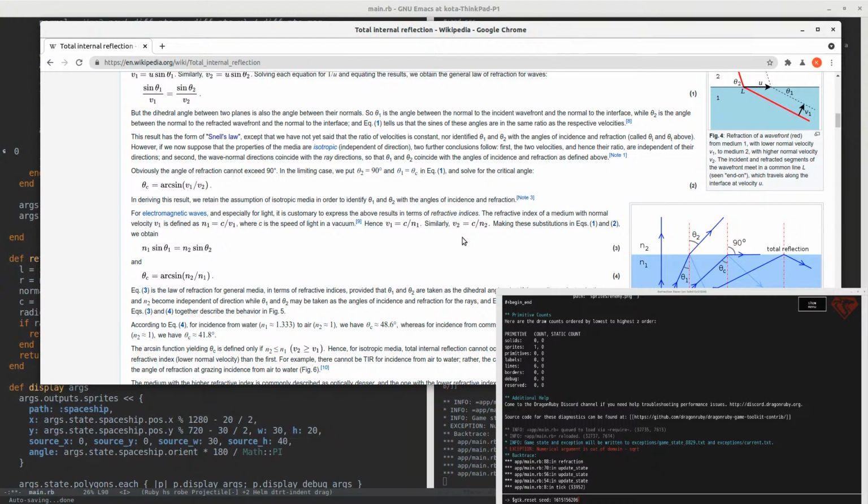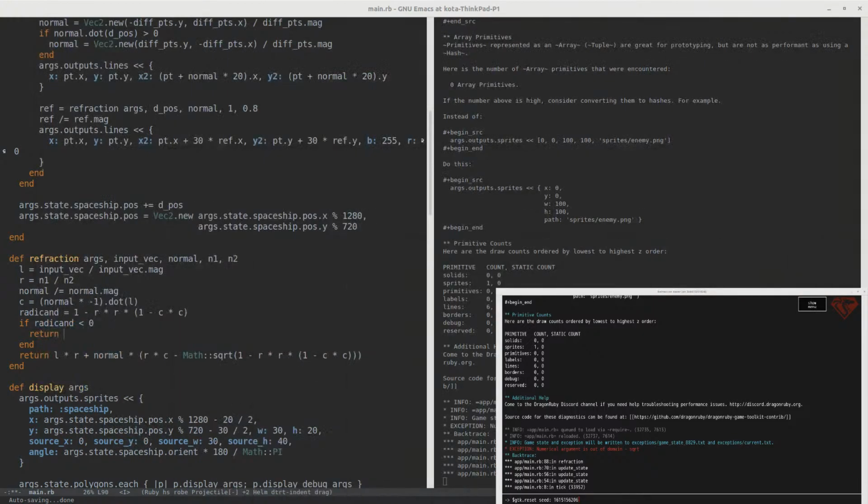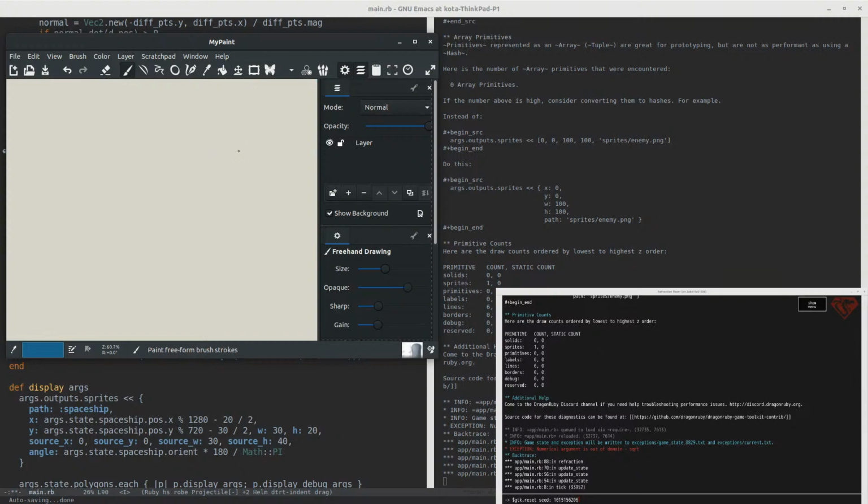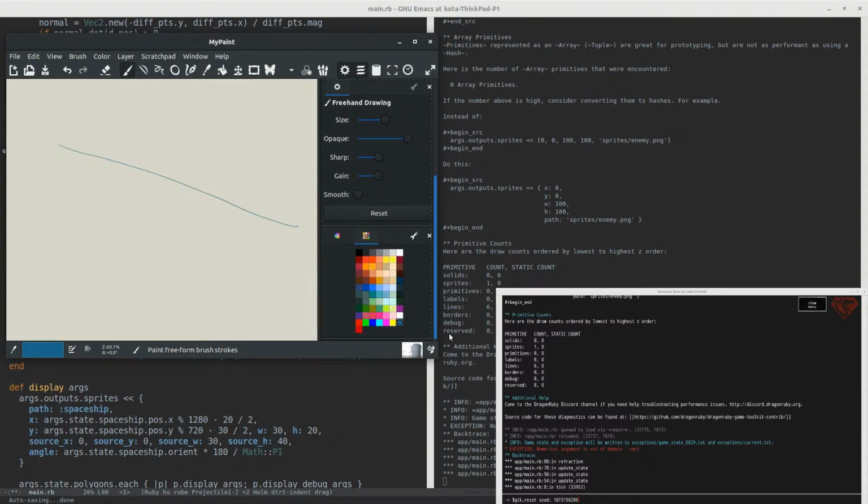total internal reflection is where, with light, we have a couple of different cases when light bounces. Case number one is we have our surface and we have light coming in from some angle and it refracts, so we end up coming out at a different angle, right?